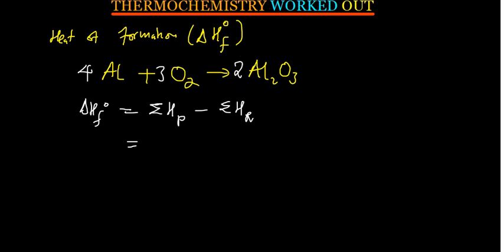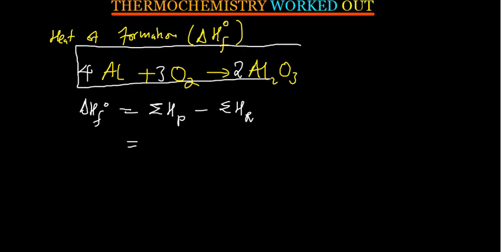Even when balancing the reaction, you should have one mole of product. If they've already given you an equation, just use it like that. But heat of formation by definition is the heat which is either released or gained for the formation of one mole of a compound.